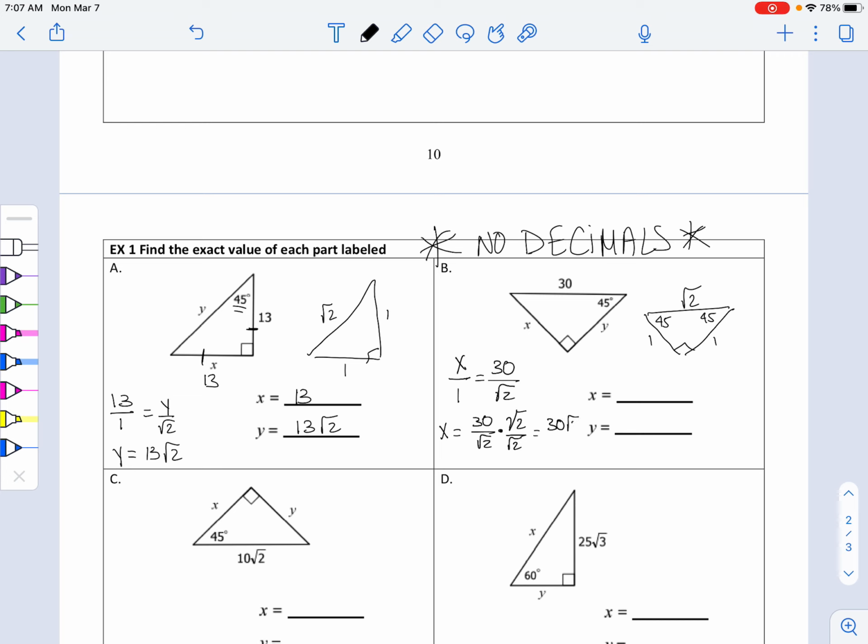So I'd have 30 square root 2 over square root of 4. I want you to see that root 2 times root 2 is the square root of 4. Square root of 4 is normal 2. So at this point I reduce. Normals go with normals, roots go with roots. Both of my sides are 15 square root 2. I only have to do that work once because I see that this is a 45, 45, 90, so it's isosceles.